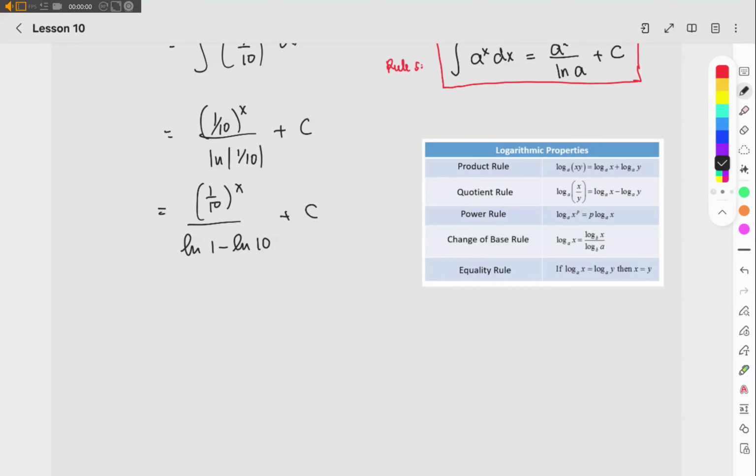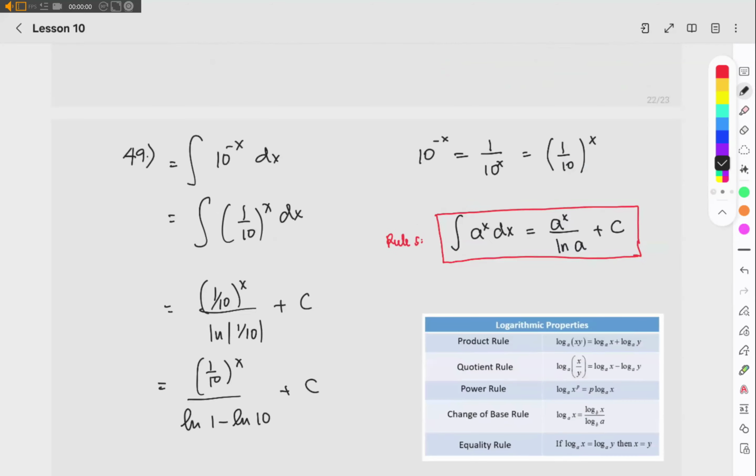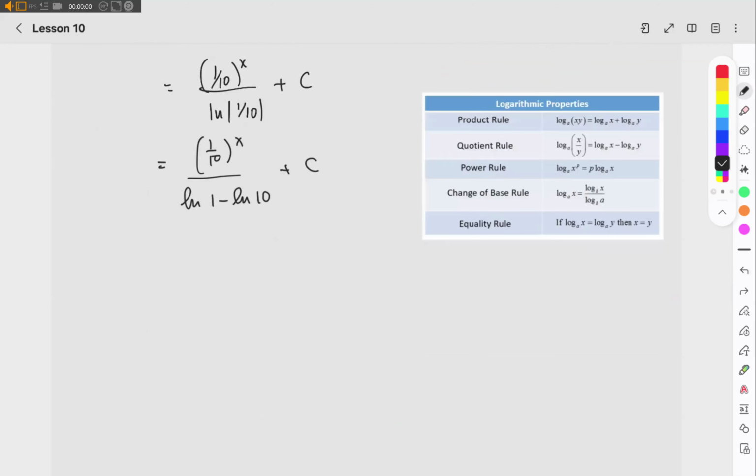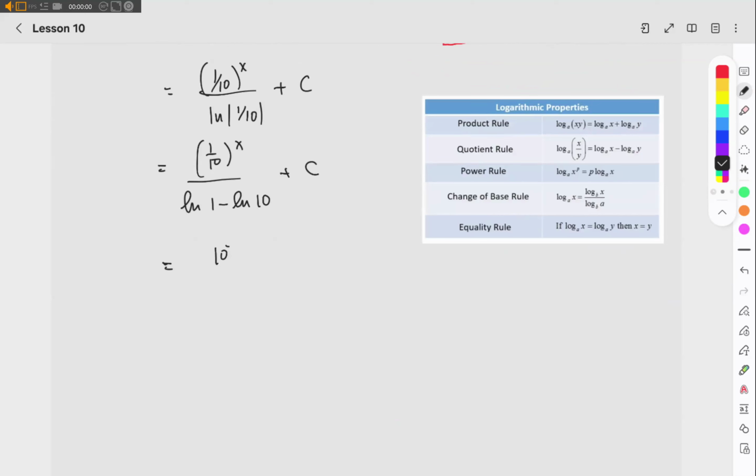Let's see. The original function is 10 to negative x. So I can just substitute that back: 10 to negative x over ln of 1 minus ln of 10. Now ln of 1 is a very small number.